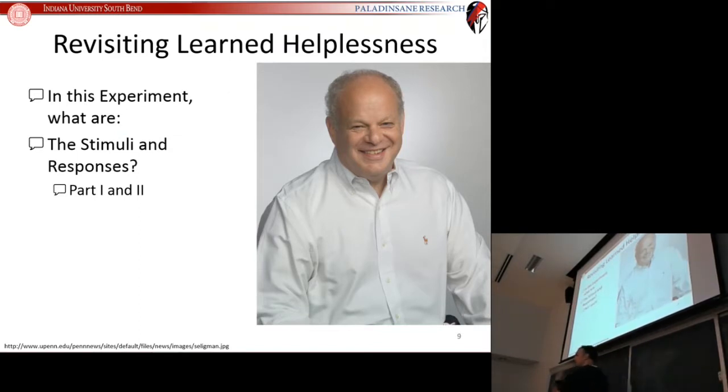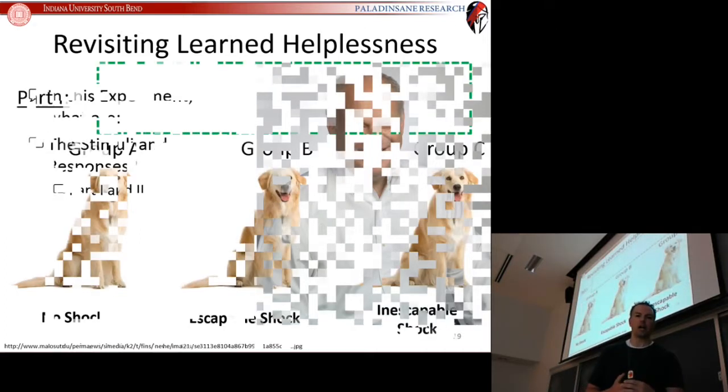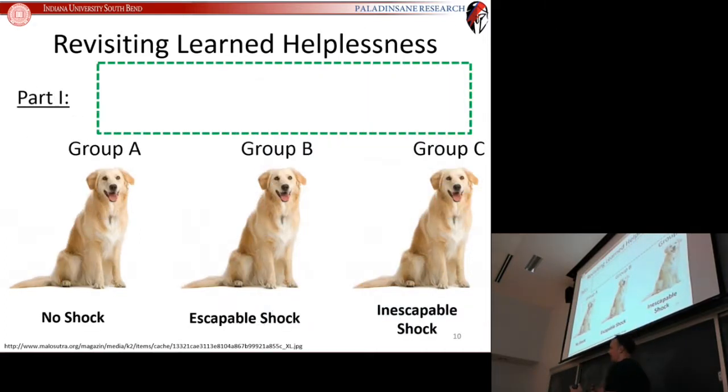So in this case, there's a lot of stimuli, there's a lot of responses, but we're going to concentrate on the most salient ones, the ones that are key to the experiment. So in part one, what was the most key stimulus? It was the shock. So the key event that caused behavior, that was the shock.